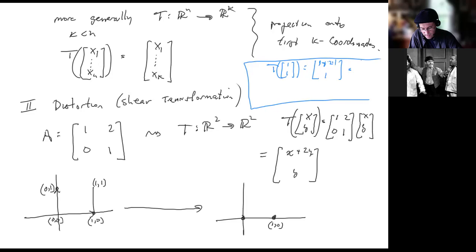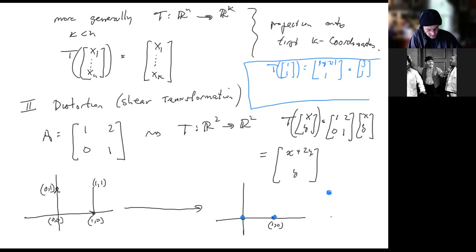So that's (3, 1). If we plot that, we get 3 units out, 1, 2, 3, and then 1 unit up, so you're plotting this point here. And then lastly, what is T of (0, 1)?